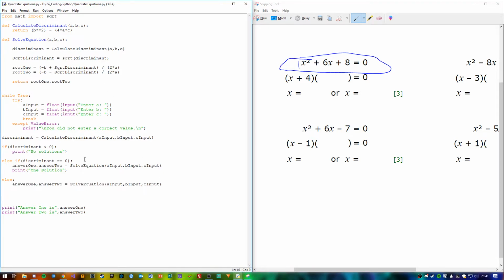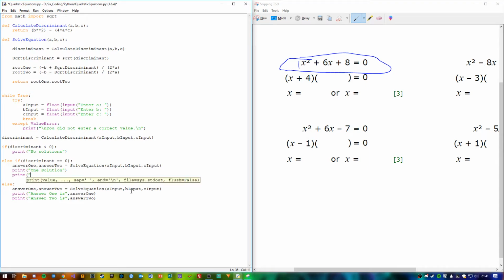If we do it with this, it will just crash. But for this, we only want to print both answers if it's a normal equation. And if there's only one answer, we're just going to print answer 1 is, comma, answer 1. Now when we run this, my bad, it should be elif.